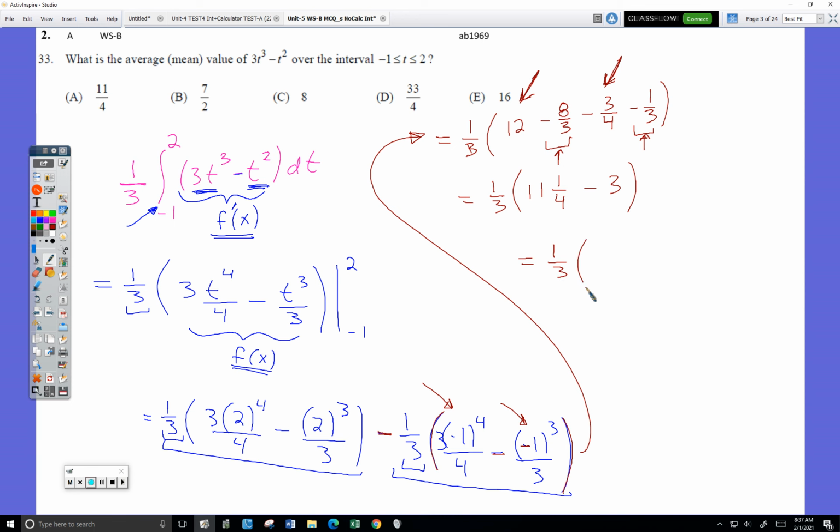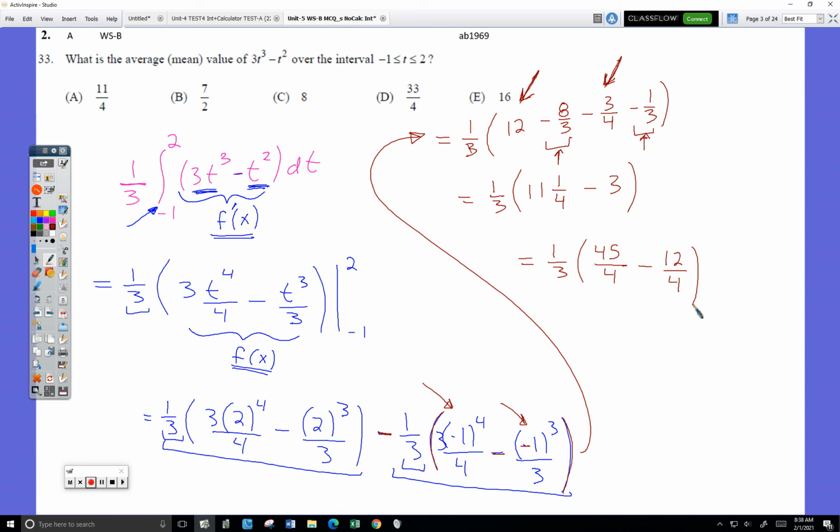Yuck. 44, 45/4. 3 is the same thing as 12/4. Questions? Welcome to 6th grade.